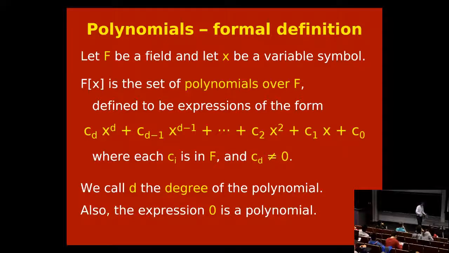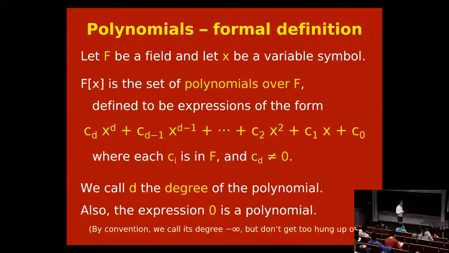So basically, the 0 polynomial is a bit special. It doesn't really have a degree. I guess the best convention is to call its degree negative infinity, but don't get too hung up on that. Maybe an equally good convention is just to say it doesn't have a degree. But sometimes if you decide to call its degree negative infinity, it makes some statements of theorems simpler.